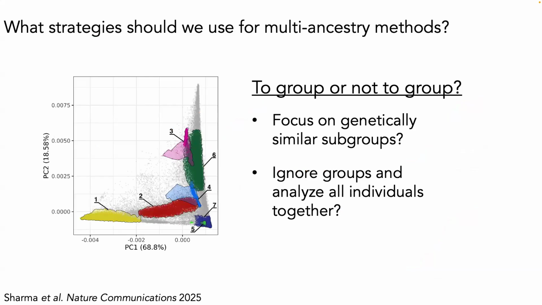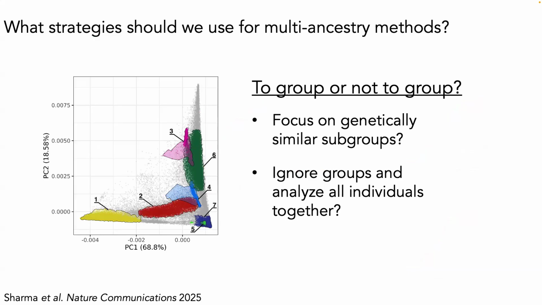So back to the strategies that we've been thinking about for how to deal with analyses in these large cohorts. One question that I brought up in the beginning that we've been struggling with is to group or not to group. When I analyze something like this All of Us cohort, should we break it up into genetically similar subgroups and make different models for each of those subgroups?